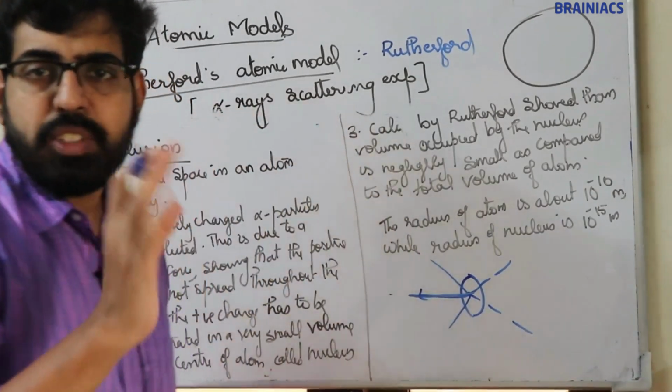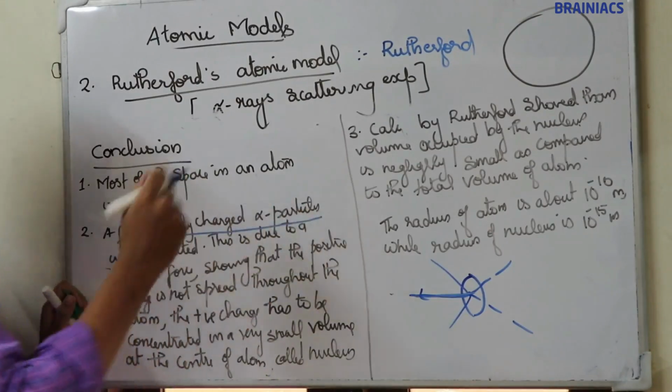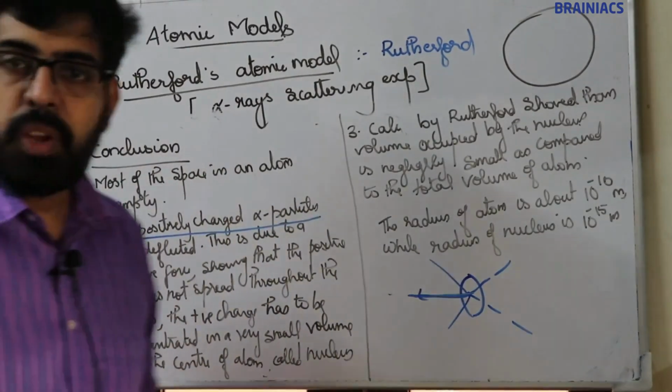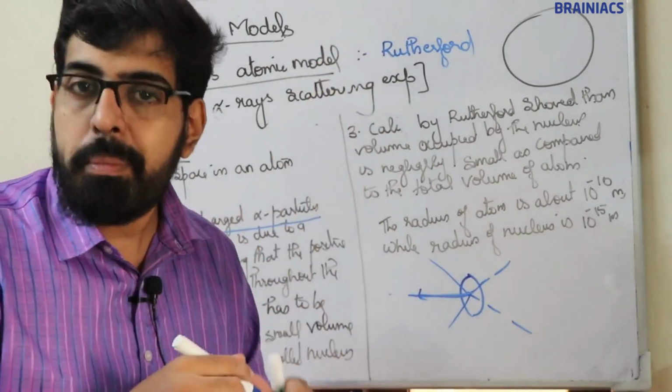Now, alpha rays are positively charged particles. So when an alpha ray is deflected, it means it should have come near a positive charge.